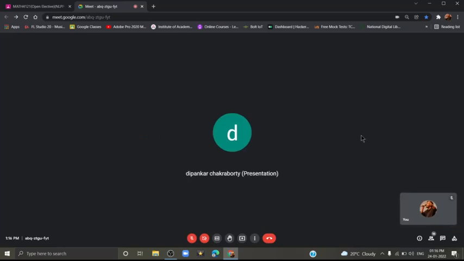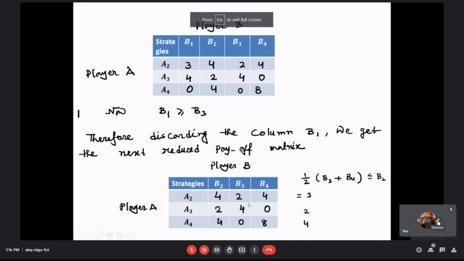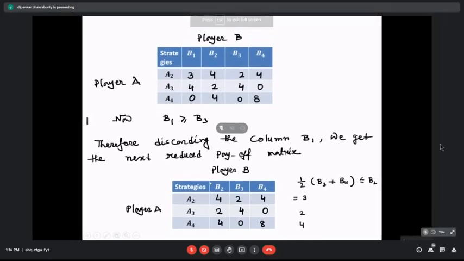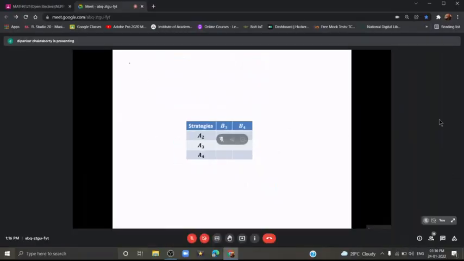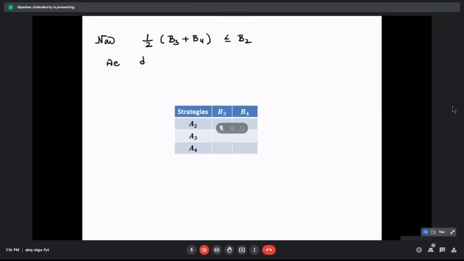This combination of B3 and B4 is basically less than or equal to B2. So now we are going to write that down and discard B2. So half of B3 plus B4 is less than or equal to B2. So we discard the second column.